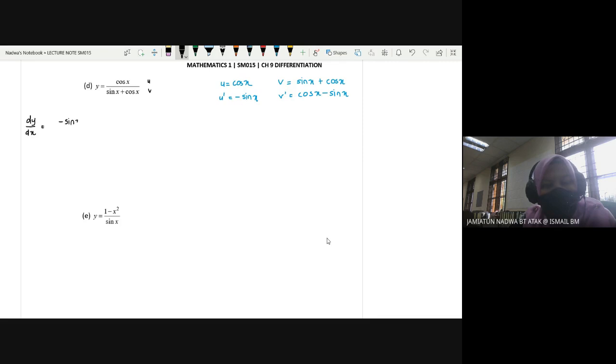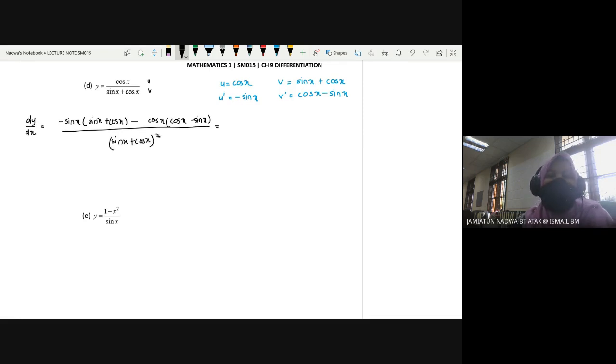negative sin x plus cos x minus uv prime, cos x minus, cos x darab cos x minus sin x, okay, over v squared, which is sin x plus cos x squared.